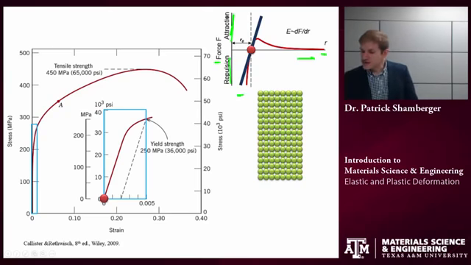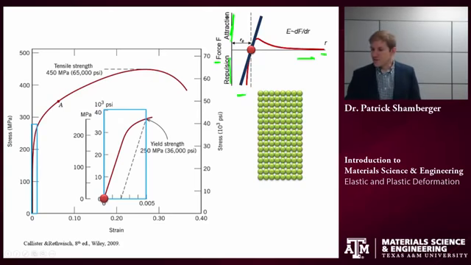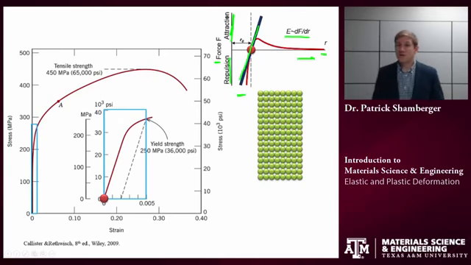If I compress the material, I am putting some compressive loading on a sample. I'm seeing a repulsive force that's forcing those atoms back apart. Now, if you remember before, we mentioned that the elastic modulus is proportional to the slope of the force versus distance curve at the equilibrium distance.